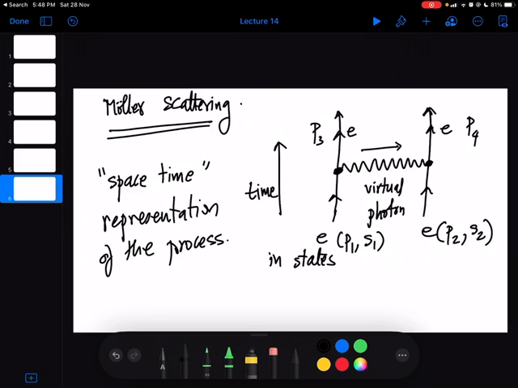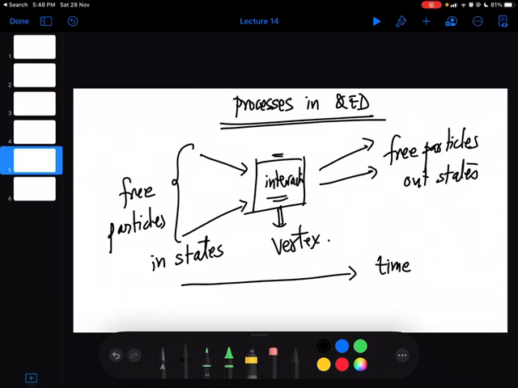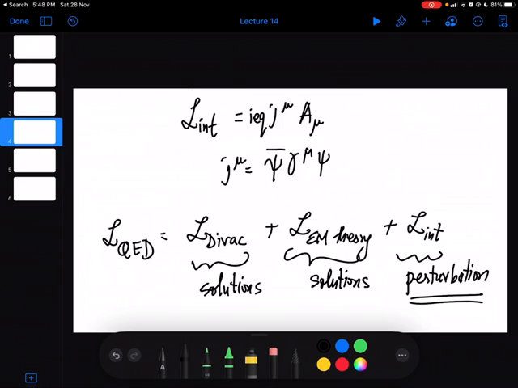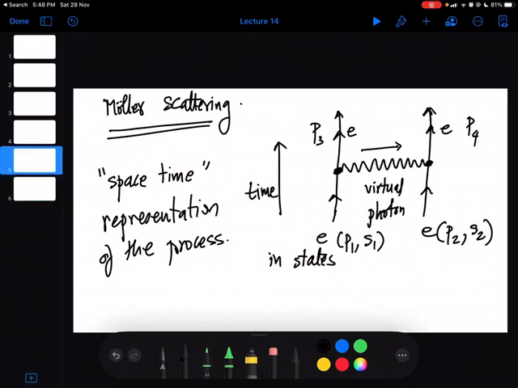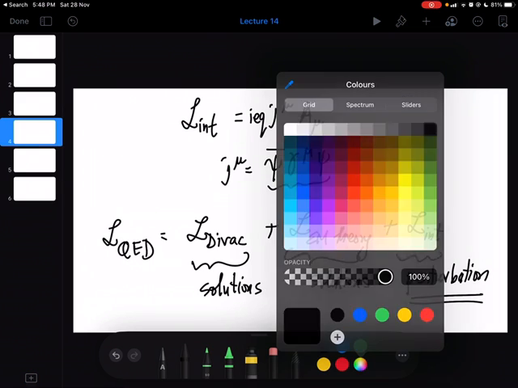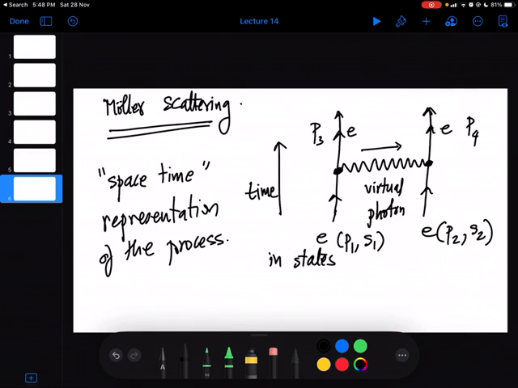The actual process could be quite complicated, but this is the space-time representation of what's happening in perturbation theory, because I am just putting one particular exchange of photon. I am just putting this interaction term. This interaction term tells you that this J mu is the current of the electrons, which couples to the photon with a coupling constant e.